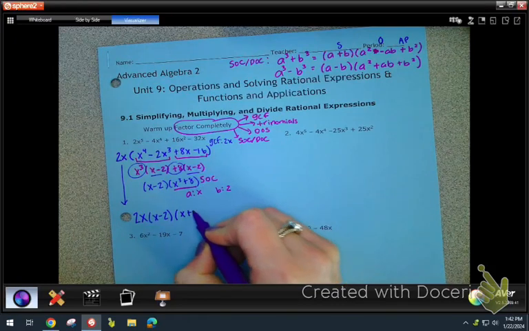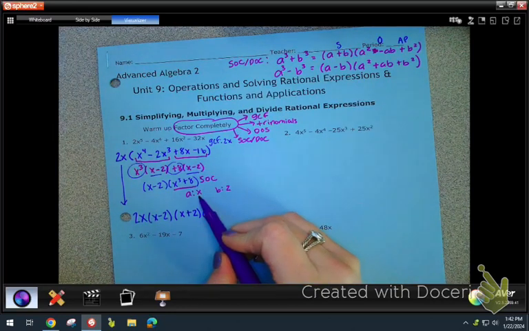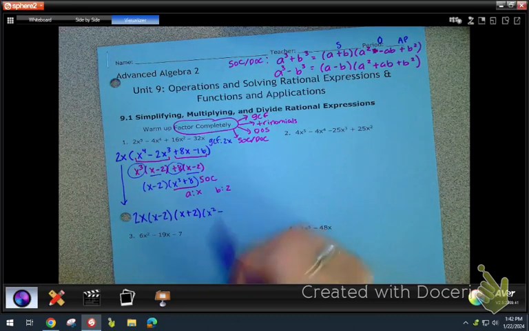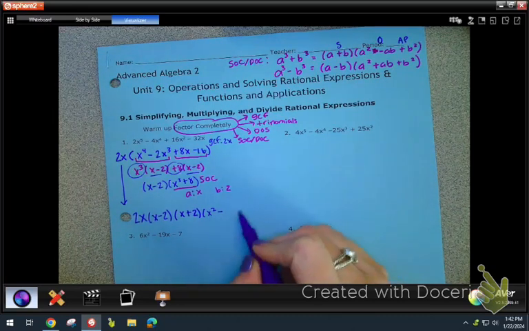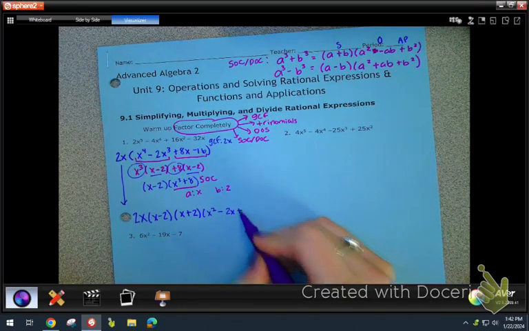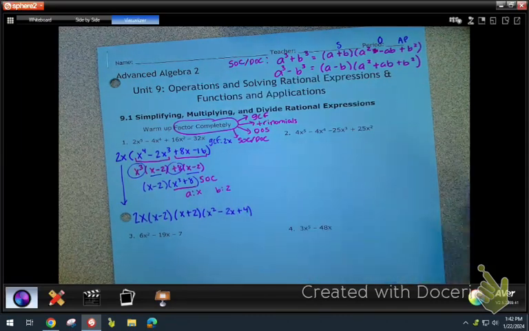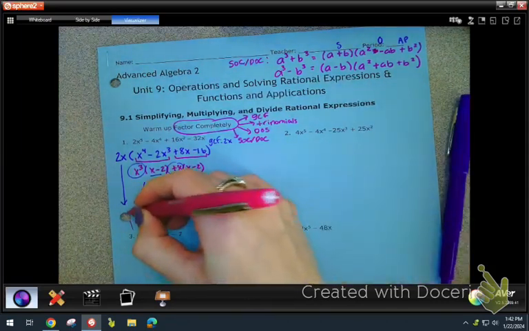X plus 2, same sign. My next factor is going to follow this, A squared. What is x to the second power? X squared. Minus, opposite sign, A times B. What is 2 times x? 2x, always positive. B squared, 2 to the second power is 4. And this is fully factored.